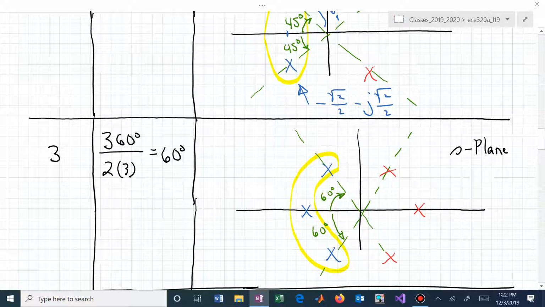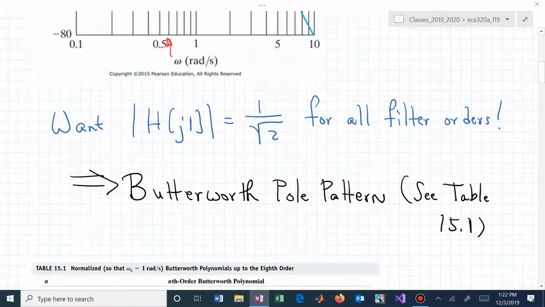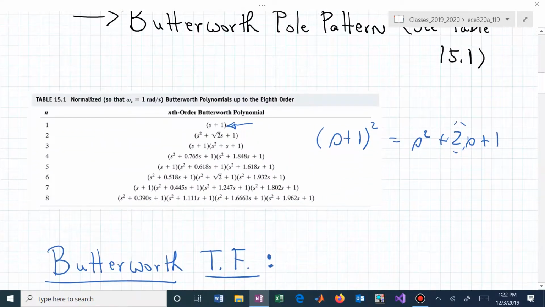The other one's 60 degrees above me. The other one's 60 degrees below me. And I can compute where they are by trig if I want. And that will then correspond to, if you now, the table that was provided is factoring out that factor, but the quadratic factor now will give you those two roots that are 60 degrees away from the real line.